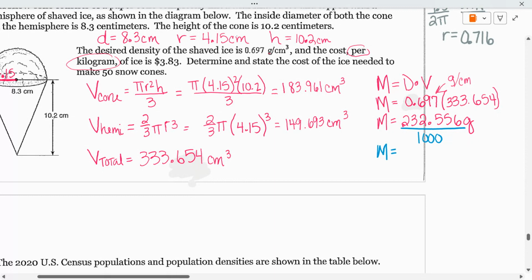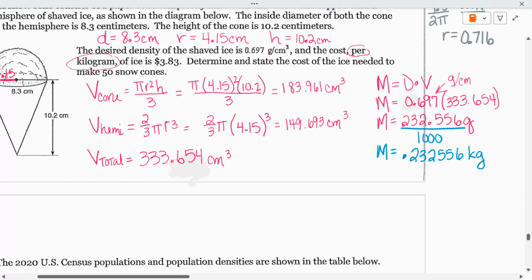That's the same thing as moving the decimal 3 places to the left. So I have 0.232556 kilograms. That's my mass.